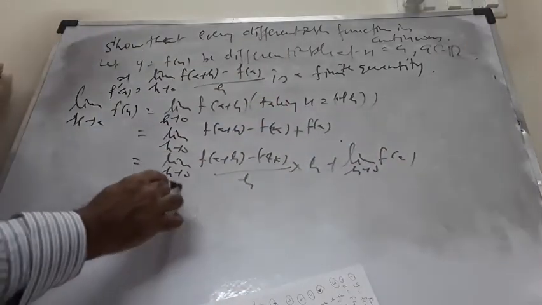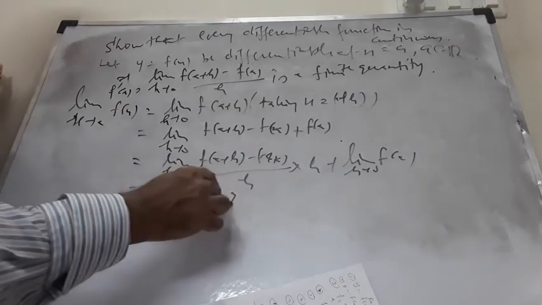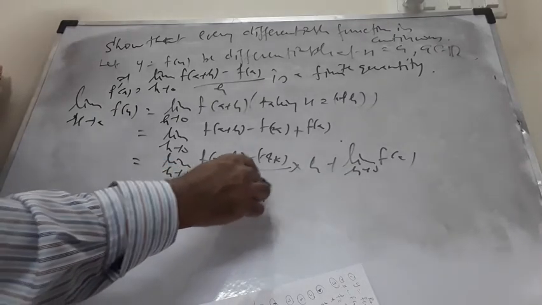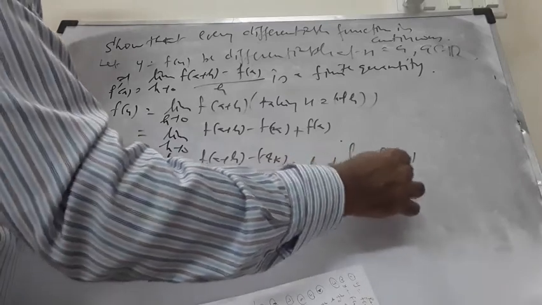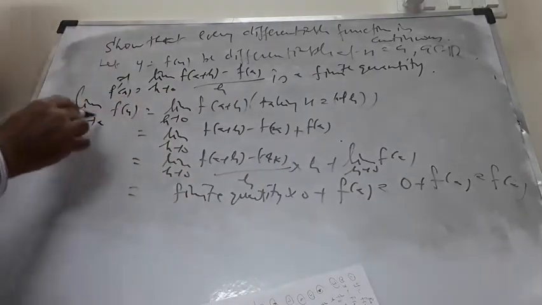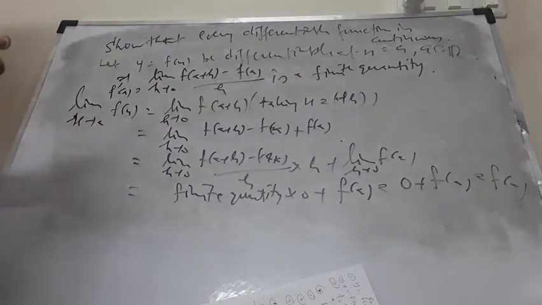Now this is a finite quantity into 0, plus f of a, which is equal to f of a. So the limit as x tends to a of f of x is f of a, which implies f of x is continuous at x equal to a. Therefore, every differentiable function is continuous.